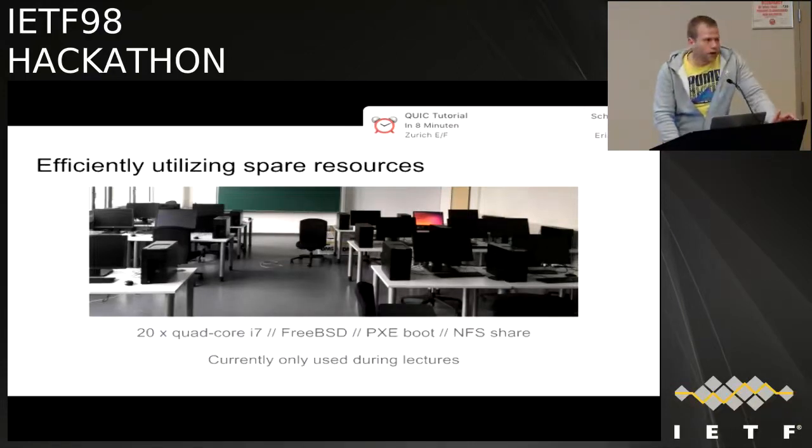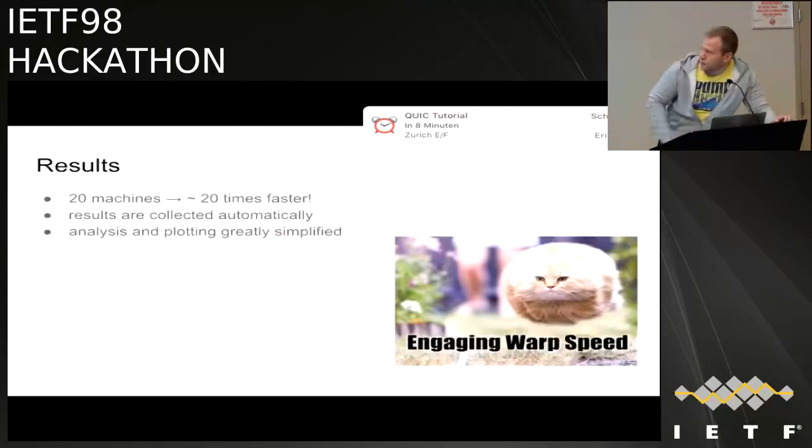We have 20 machines running FreeBSD, booted by PXE boot, and they have a common NFS share. We tested our toolchain, and the results are that 20 machines are 20 times faster. The results are collected automatically and analyzed automatically. This is a great improvement for our measurement and simulation toolchain. Thank you.